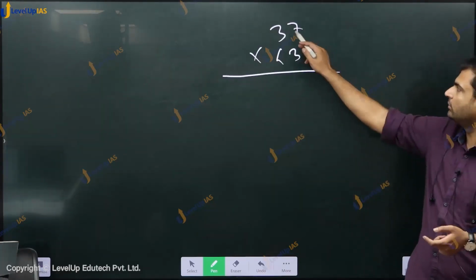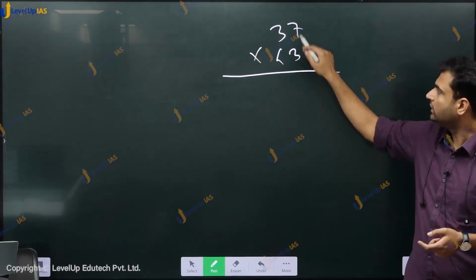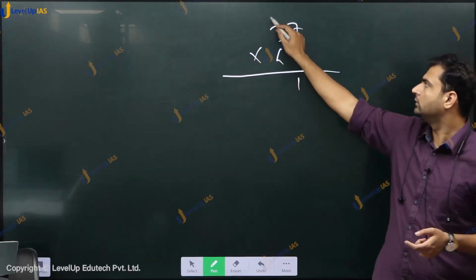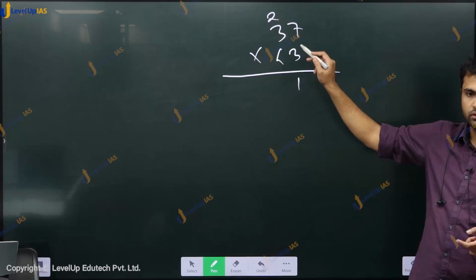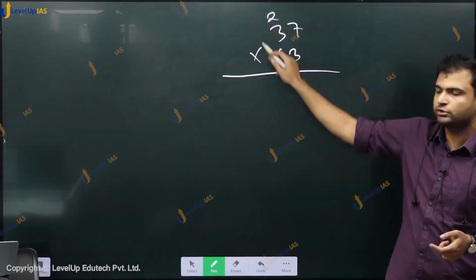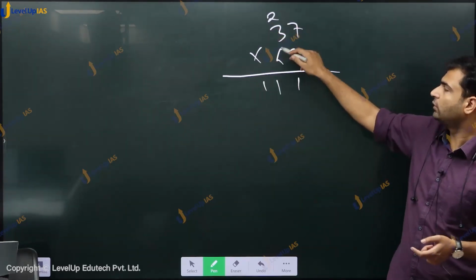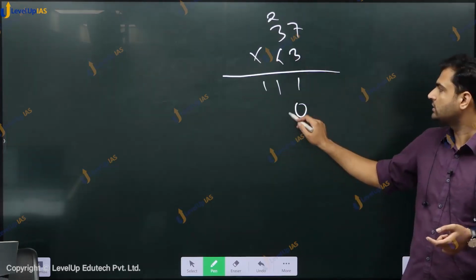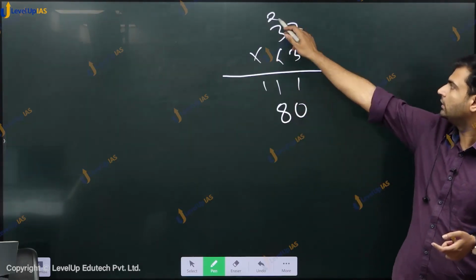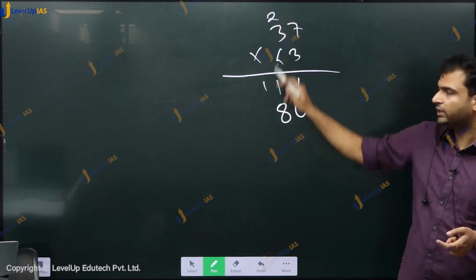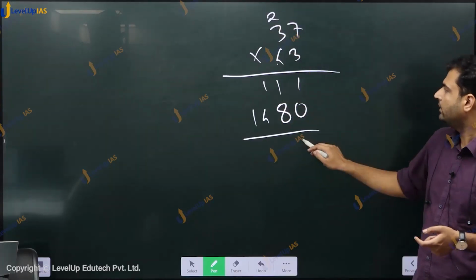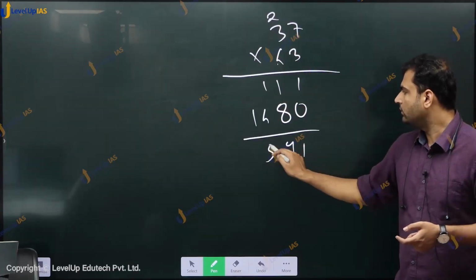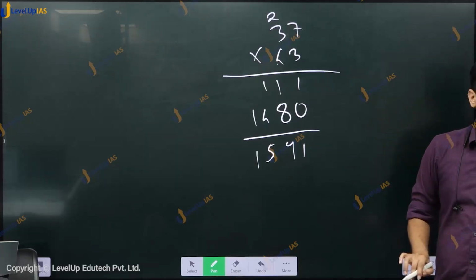We multiply this number first by 3: 3 sevens are 21, carry 2, 3 into 3 is 9 plus 2 is 11. And before multiplying by 4 we add 0 here, and then 4 sevens are 28, again carry forward 2, 12 plus 2 is 14, and then we add and get 1591, right?